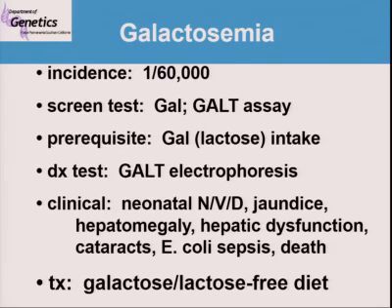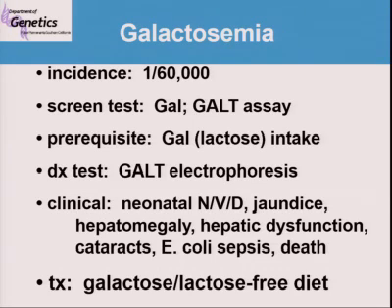So the screening test measures galactose and also measures the galactose transferase enzyme. These days, we don't so much need a dietary prerequisite, so these tests are so sensitive that even a child who hasn't had his first drop of formula can be tested. If it is undiagnosed and untreated, these kids present as the one in the textbook with the jaundice, the large liver, hepatic dysfunction.